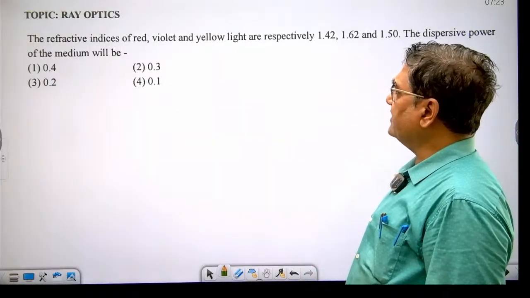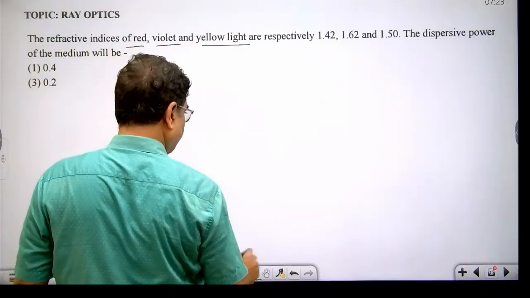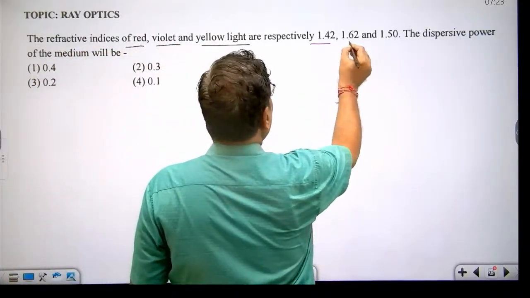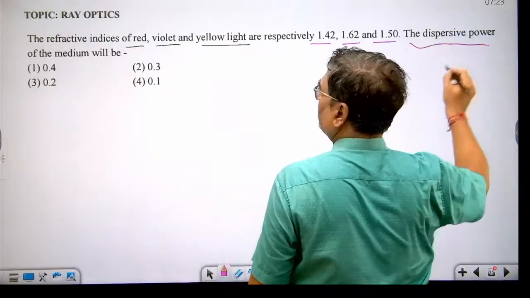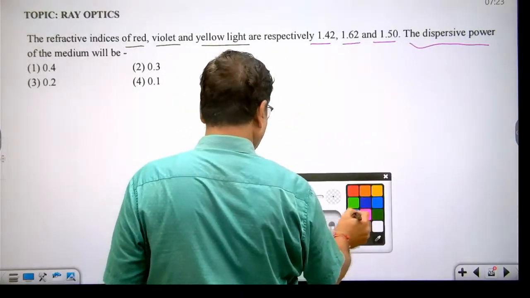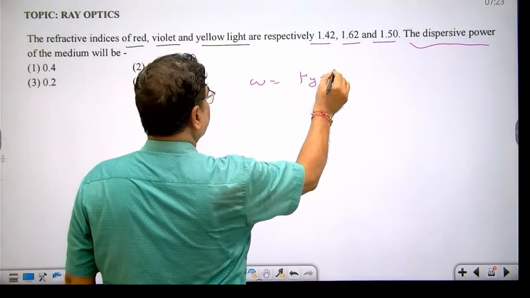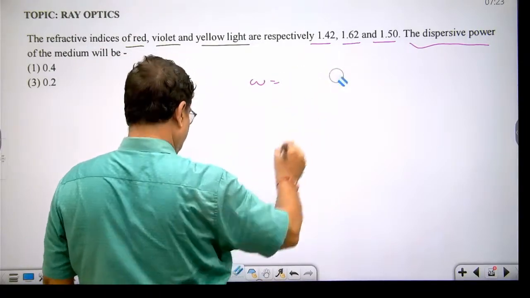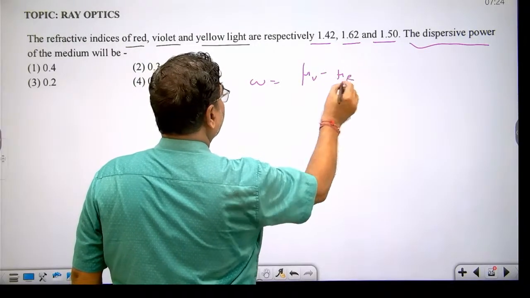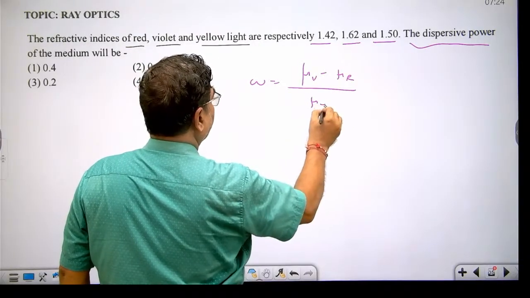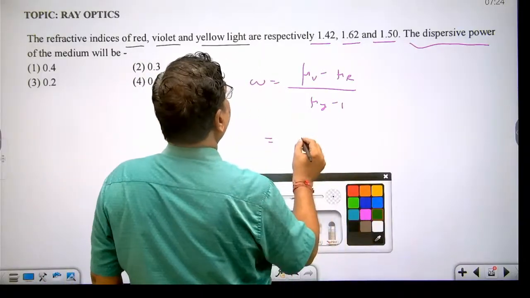The refractive indices for red, violet and yellow light are 1.42, 1.62 and 1.5. The dispersive power of the medium will be. Dispersive power is written as (mu v minus mu r) upon (mu y minus 1). So we can say, what is mu v?